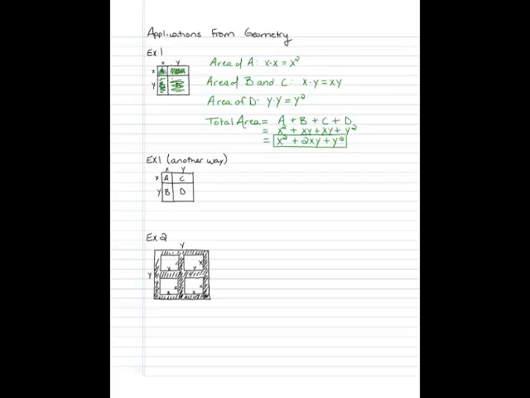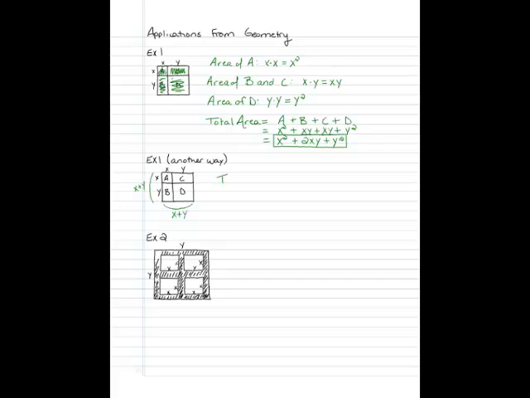Now another way to do this, notice this is the same figure here. Another way to go about this is to just find the total area of the square. So if you look at this length, the total length there is x plus y. Same with the width. Down here, the total width is x plus y.